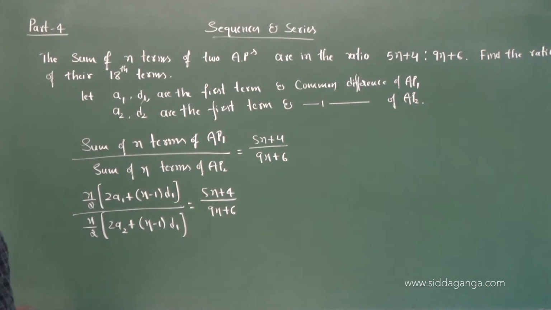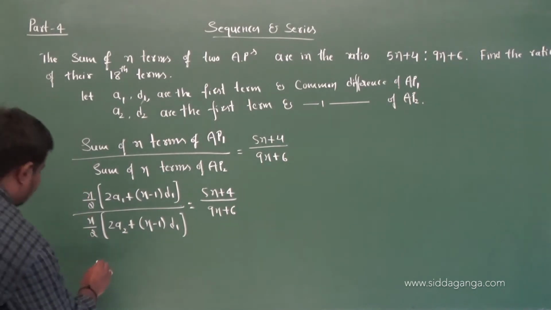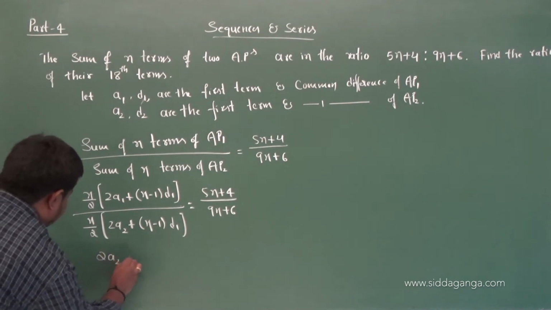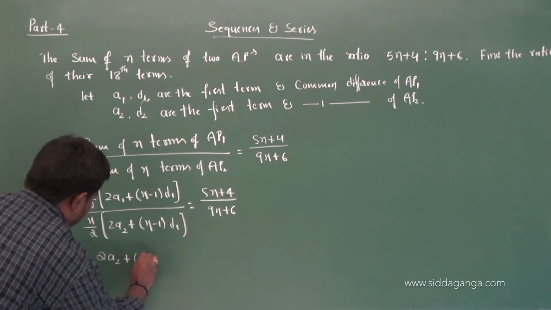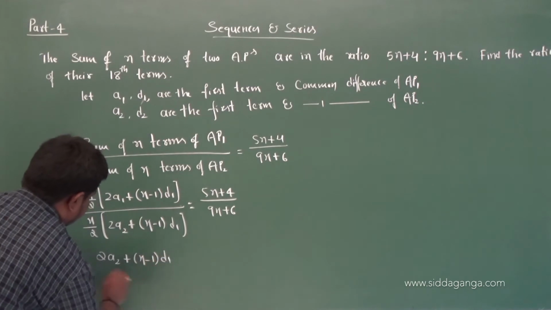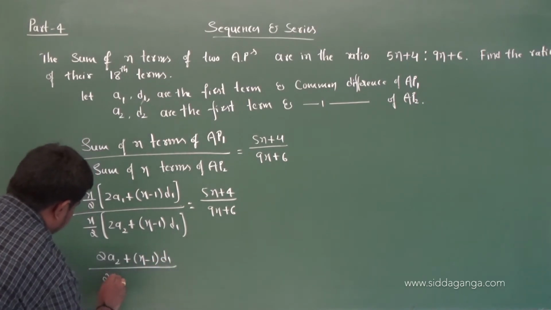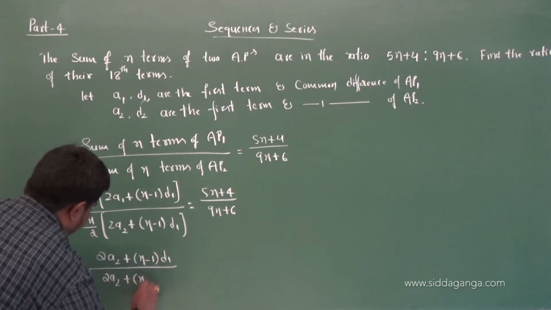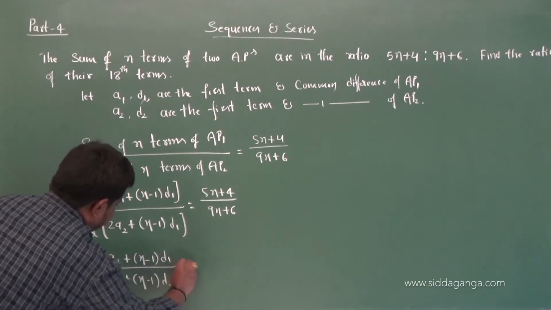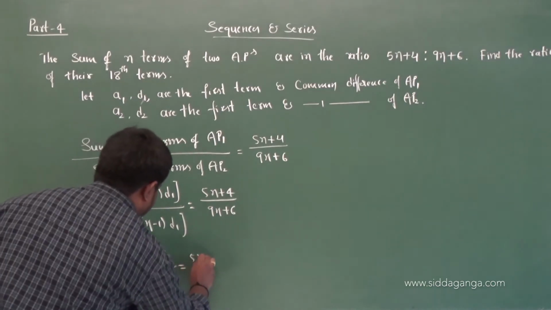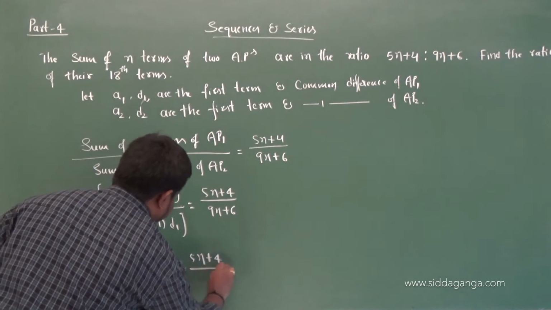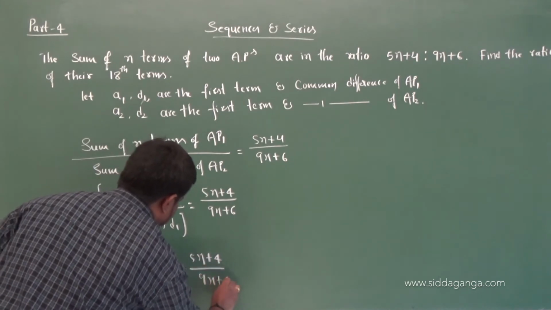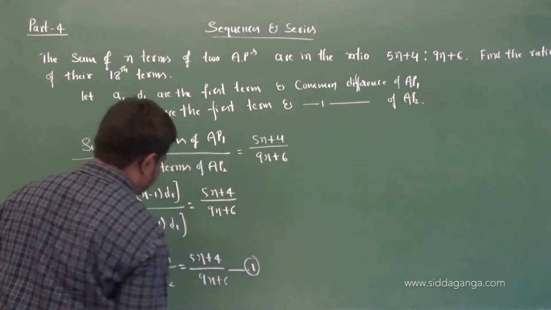On simplification, n by 2, n by 2 get cancelled. The remaining thing is 2a1 plus n minus 1 into d1 divided by 2a2 plus n minus 1 into d2, equal to 5n plus 4 by 9n plus 6. You take it as equation 1.